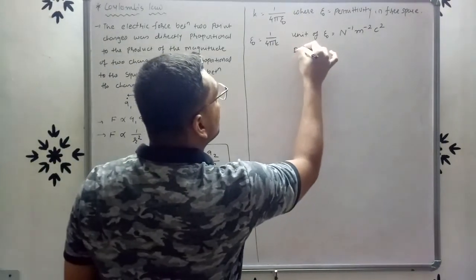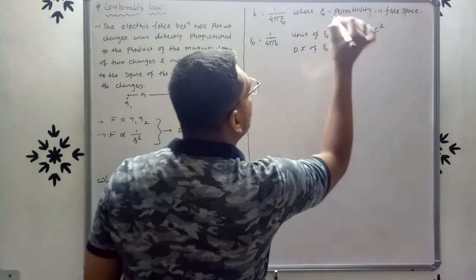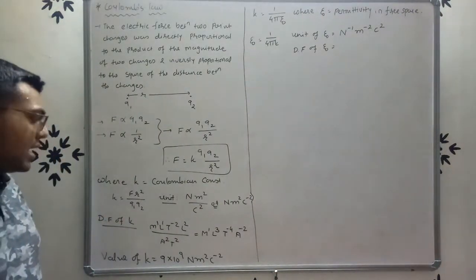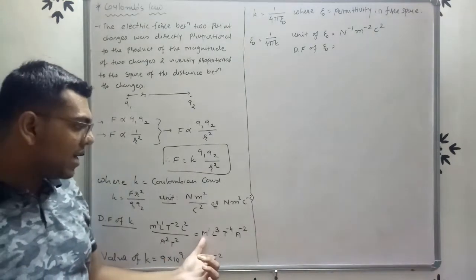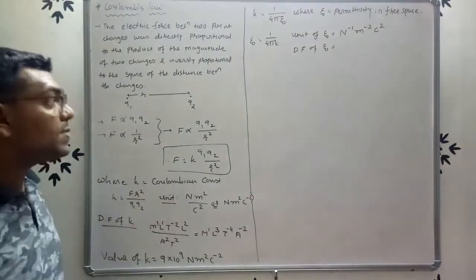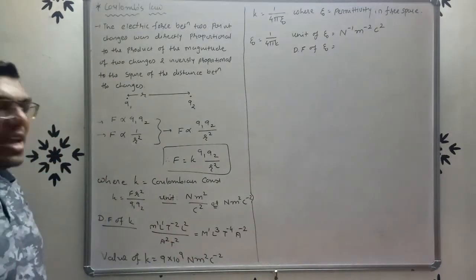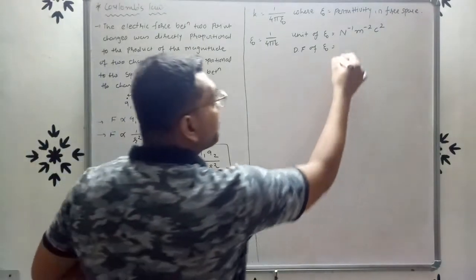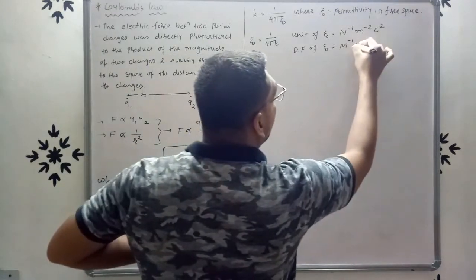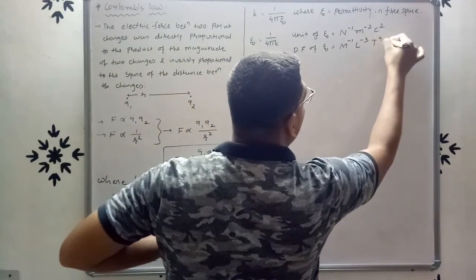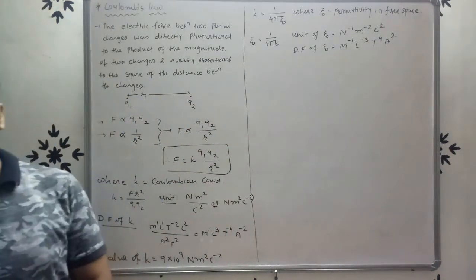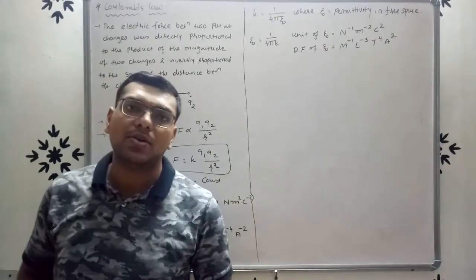Then the dimensional formula of epsilon 0: the dimensional formula of the Coulombian constant is M1 L3 T minus 4 A minus 2, so for epsilon 0 we simply do the inverse. So M minus 1, L minus 3, T4 and A2. This is the unit and dimensional formula of epsilon 0.